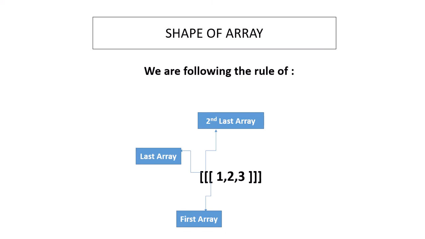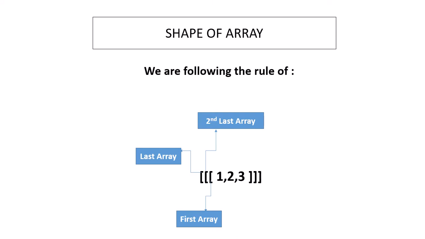And then moving forward, the most inside one, which actually contains a unidimensional array, we'll say it as the first array. So this is something I'm going to say a lot, like last array, second last array, third last array, and this is what I mean when I say it.